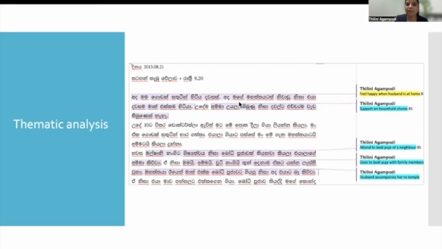So maybe another researcher would code this as family relationships or relationship with husband. But then the code does not actually represent what is there, right? So it's best that the code is split to the smallest extent, and the label represents what is there.